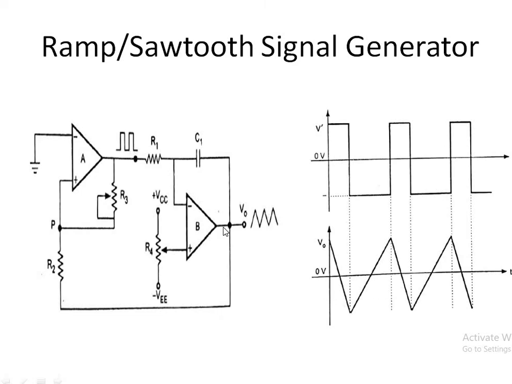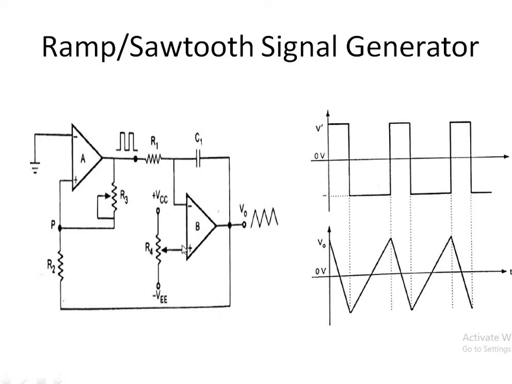Okay, and the output of this integrator is fed back to the feedback circuitry of the first op amp, and when this becomes equal to the low threshold value or high threshold value, the output of the op amp shifts from its stable state. It is similar to the triangular wave operation.